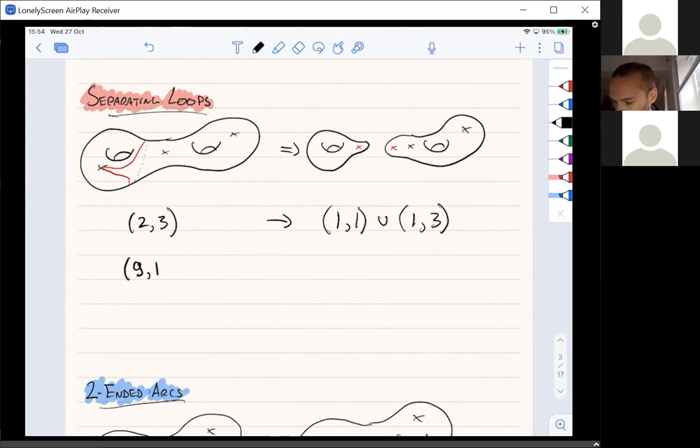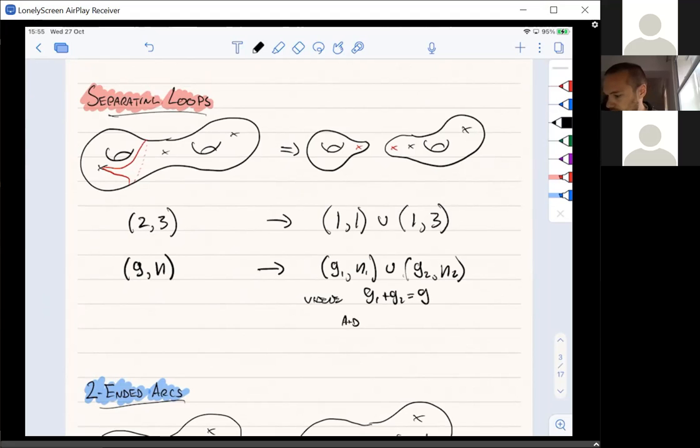So the general rule here is maybe harder to write down, but you take a genus G with n punctures and you send it to genus G1, N1, genus G2, N2, where G1 plus G2 is equal to G. And let's make sure I get this right. N is equal to N1 plus N2 plus 1.